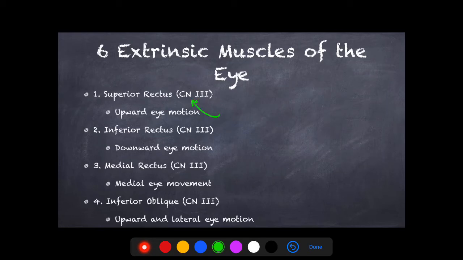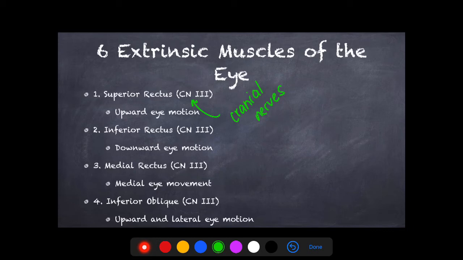If you see CN, just think back to the cranial nerves that we talked about, because remember, there were certain cranial nerves associated with eye movements, like cranial nerve number 3. So the first one is called the superior rectus, which is going to be involved with upward eye motion. Then you have your inferior rectus, which has to do with your downward eye motion.